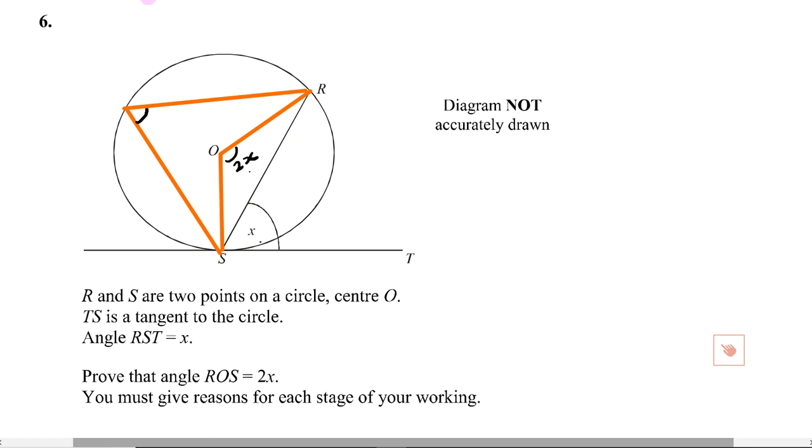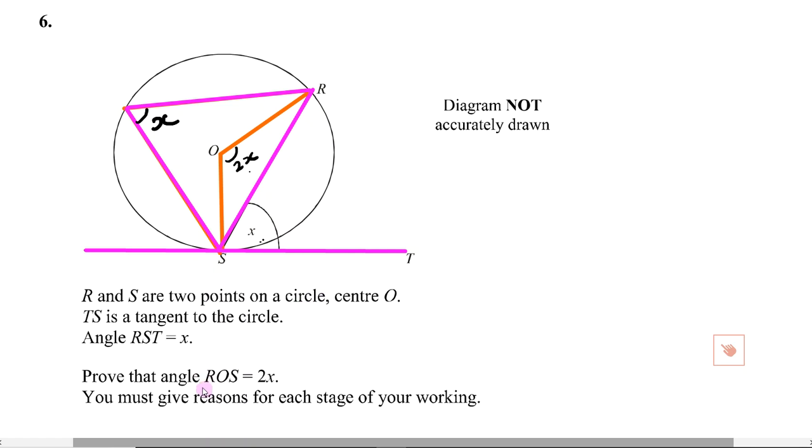And is it? It is, isn't it? Because we can use the alternate angle rule. So if I've got now the triangle, with the tangent, I can make the statement that if that's x, that is also x, which shows that that must be 2x. So adding that point in and adding those 2 extra lines.